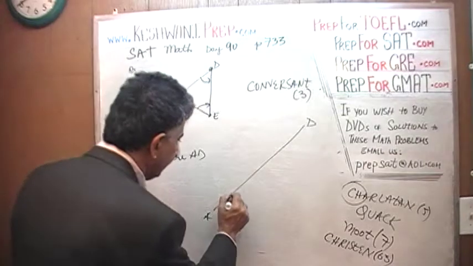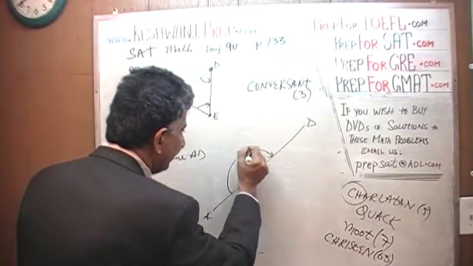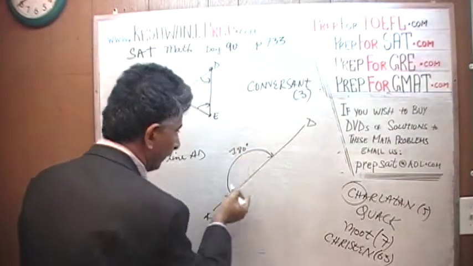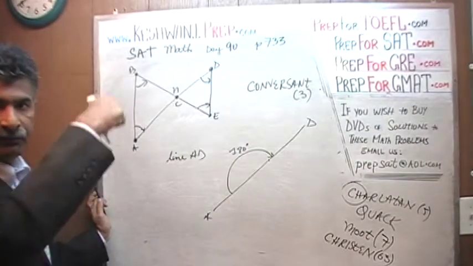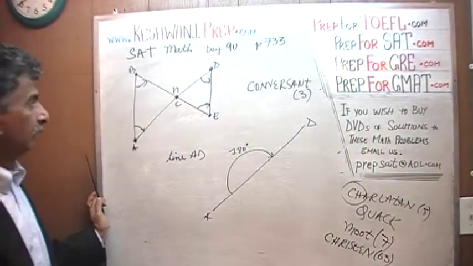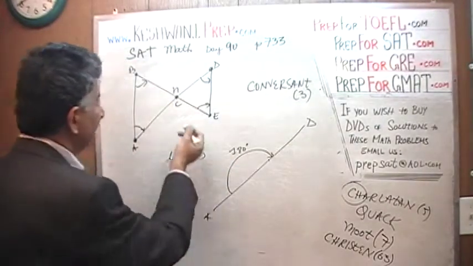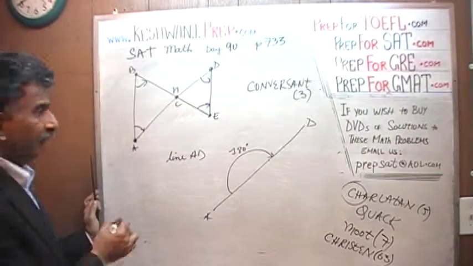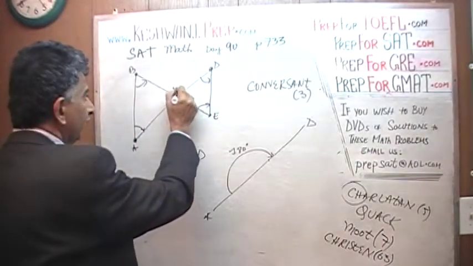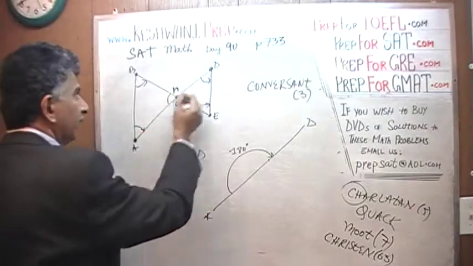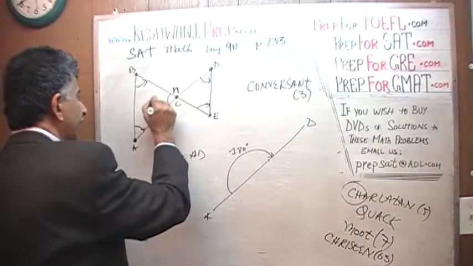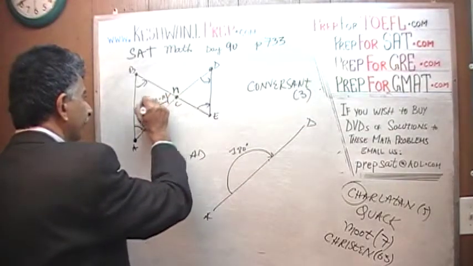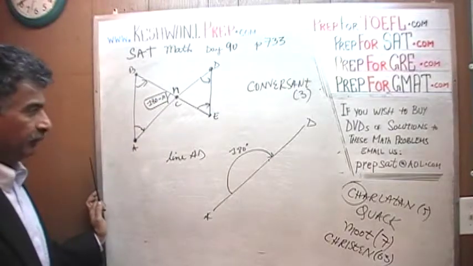A straight line measures 180 degrees, because as you can clearly see, a straight line encompasses a semicircle. Therefore, the straight line is 180. Part of that is n. If this part is n, then the remainder portion of A to D must be 180 minus n. So that's the first thing we have to understand.